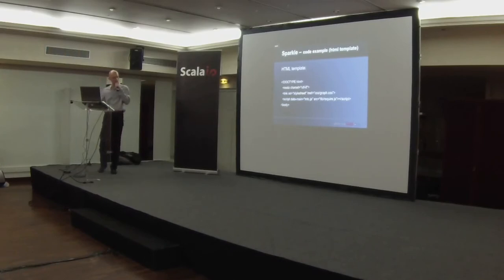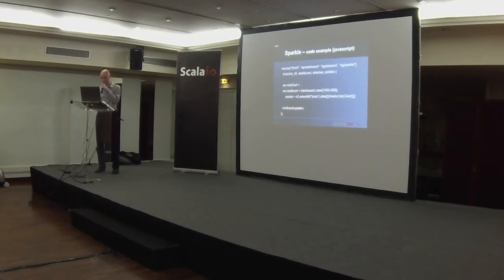We just define RequireJS as a dependency, and then our small JavaScript snippet is like this, where we can use D3 and the SG library. So we build a chart, and we add that chart to the dashboard.